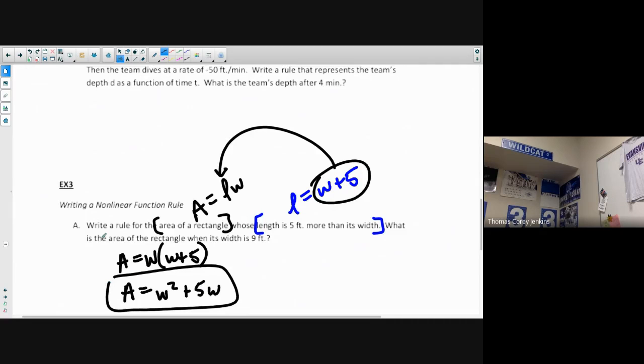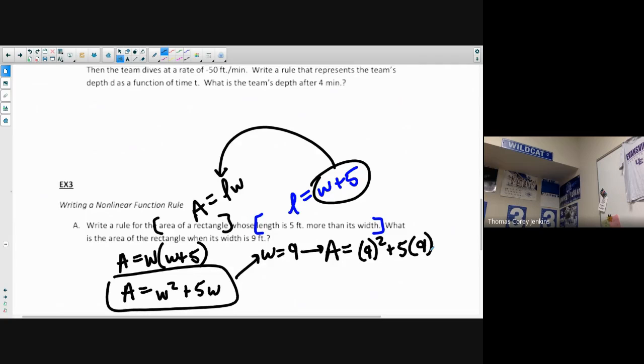And it says, what is the area of a rectangle when the width is 9 feet? So based on this, if W equals 9, then area equals W, or 9 squared, plus 5 times 9.